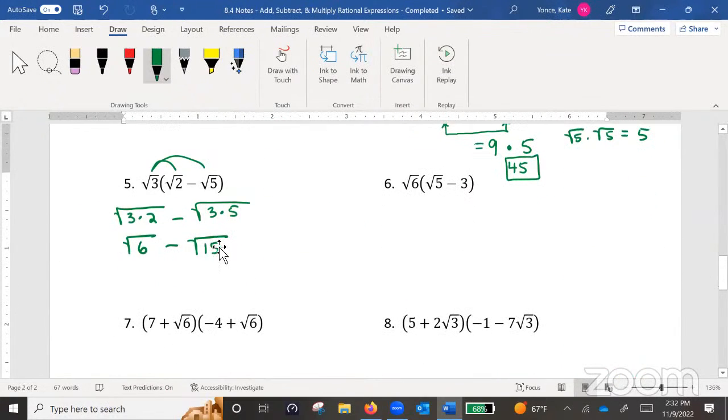These don't have the same radicals. They're not like terms. This is like x minus y. Yeah, we just simplified. Yeah, that's all we can do. You have to remember the rules, adding and subtracting, they have to be like terms, and like terms for radicals mean the radicals have to be exactly the same.